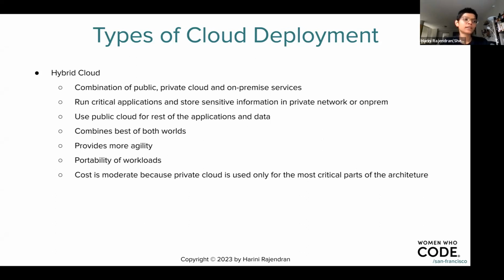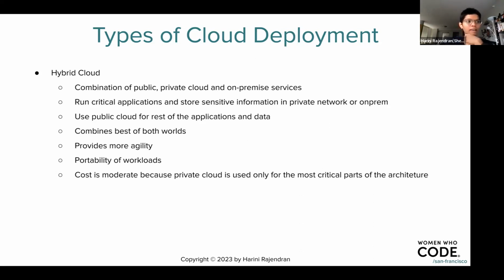So they would first try out cloud by moving some of their non-critical workloads to public cloud. And as they get more familiarized, and as they start trusting cloud more, they might say, okay, hey, we can give a try with the private cloud for even our critical applications. So they move a part of their workload with sensitive information to private cloud.